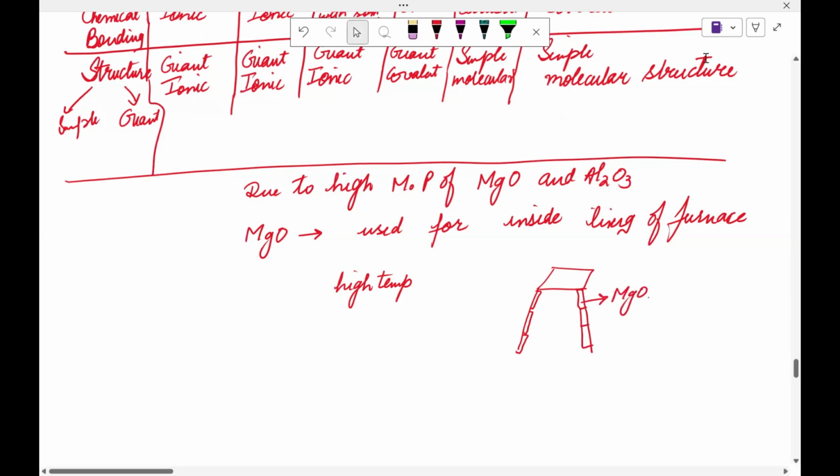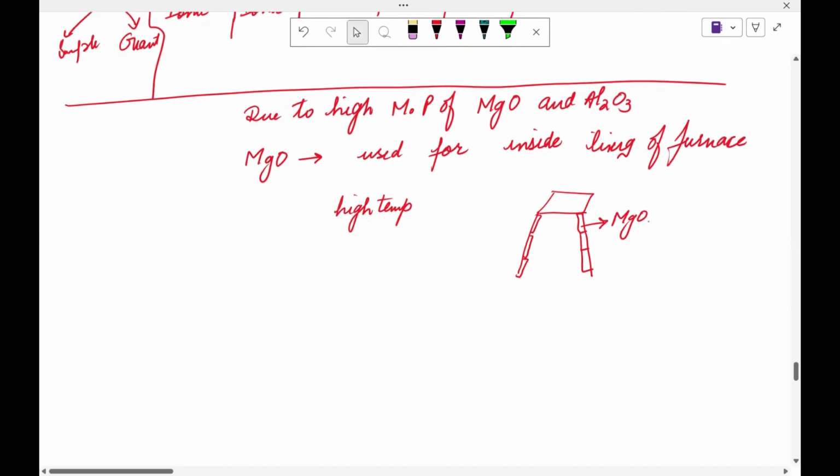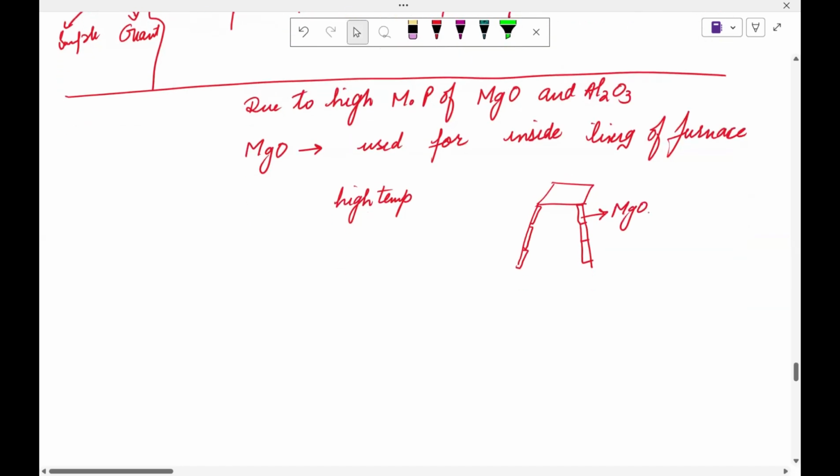And the reason is that magnesium oxide has a very high melting point. Is that clear? Yeah. And then let's move towards aluminum oxide. Aluminum oxide and silicon dioxide are both used to make ceramics.